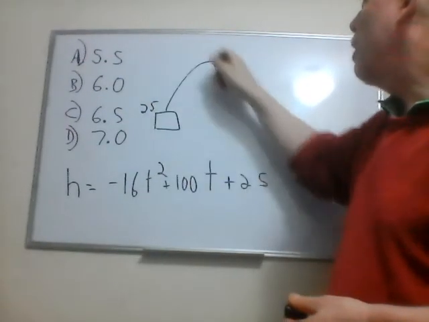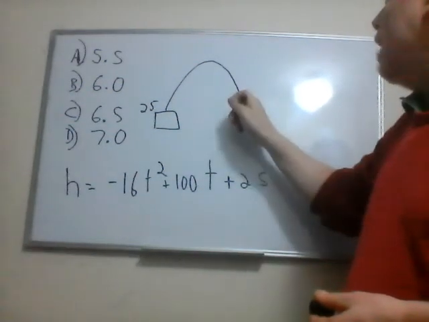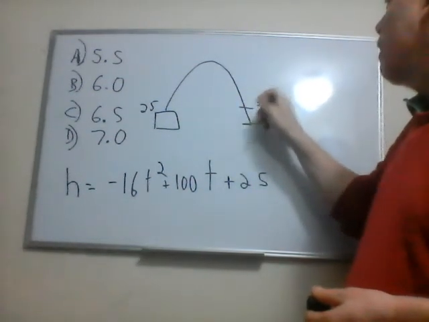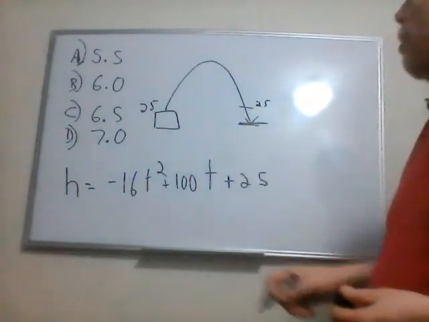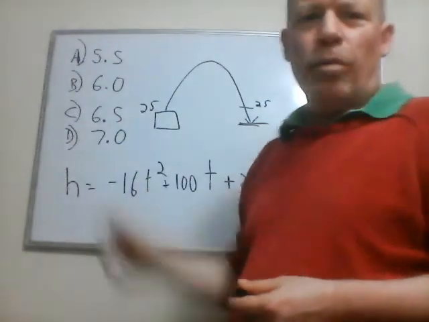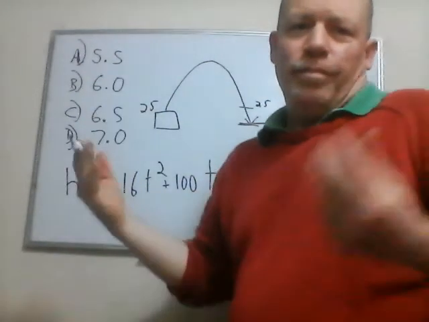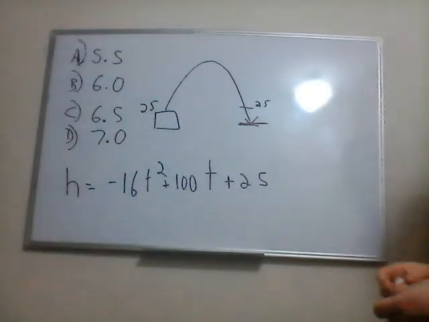It's launched not perfectly straight up, but over here. It passes this point of 25 feet, and it comes down to the ground where it stops. Don't worry about the complex physics involved, because all you have to do is get rid of three of these bad answers, or in this case, maybe just pick one of these answers as being closest to the correct number.